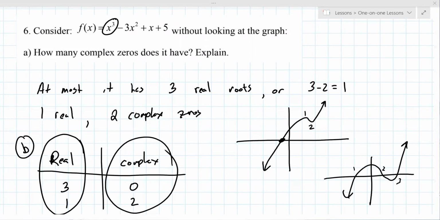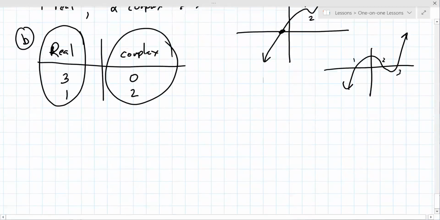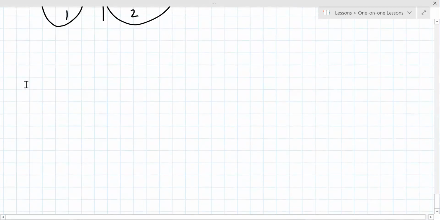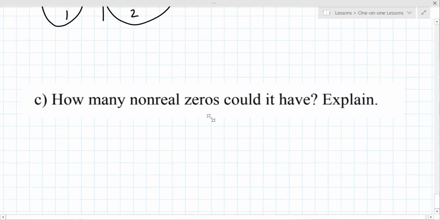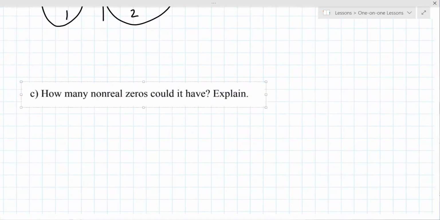I don't know what your instructor means by that. Okay, let me try to explain as best I can. We may have to go back to A and B. I think A is actually asking you to figure out the zeros. I don't know how to do that without actually looking at the graph, which is pretty complicated.